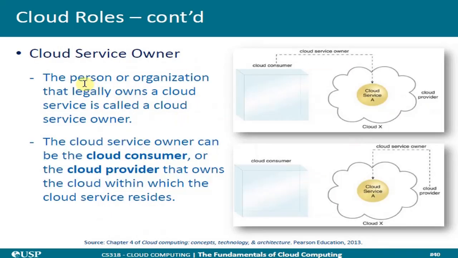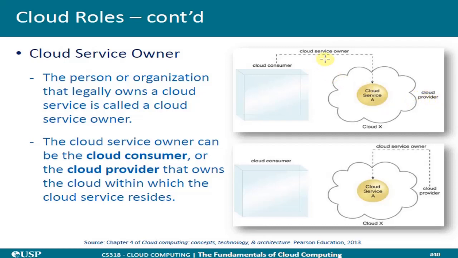Then you have the cloud service owner. This is the person or organization that legally owns a cloud service and is called a cloud service owner. This looks something like this. You have the cloud consumer, and you have the cloud provider, and you have Cloud X, the resources provided by the cloud provider.